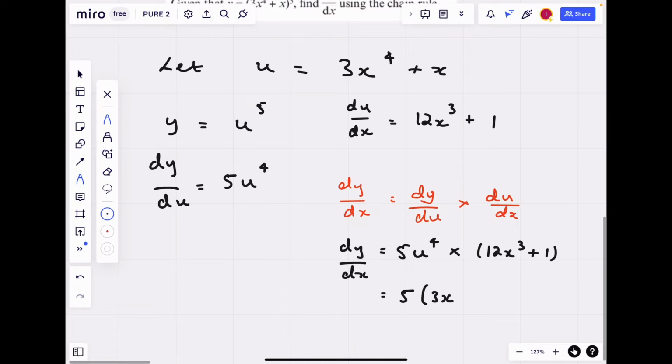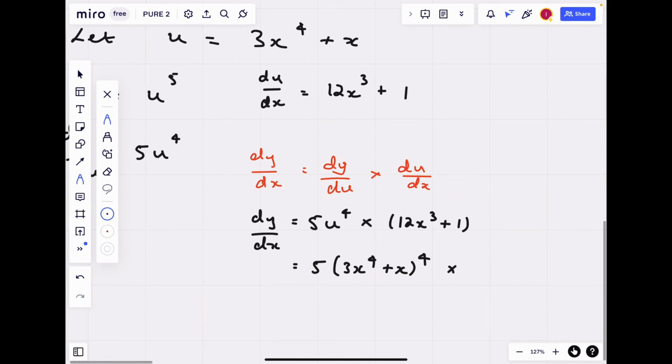So (3x to the power 4 plus x) all to the power 4 times (12x cubed plus 1). Simplifying this is going to take forever, so you don't need to. Just write the brackets next to each other as a multiply, instead of the times in between. And there you go, that's it. That is the chain rule.